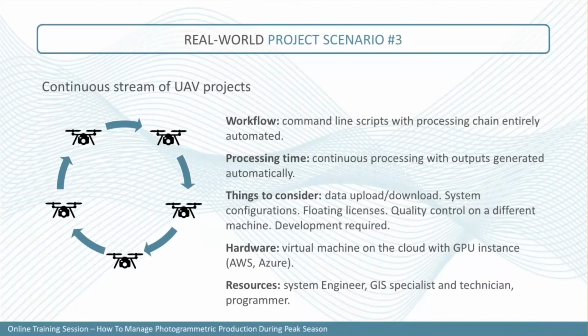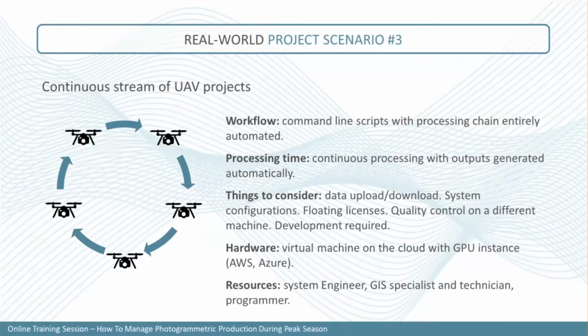Since it's always going to be the same amount of similar data, you can use scripts to accelerate the processing, and it can be run either within the command line or from the graphical user interface. The processing time is going to be quite good. It's always going to be a continuous stream of processing, so the output is always going to be generated, and as soon as an output is generated, if you're using some script, another project is going to start, so you can have a good flow of production.